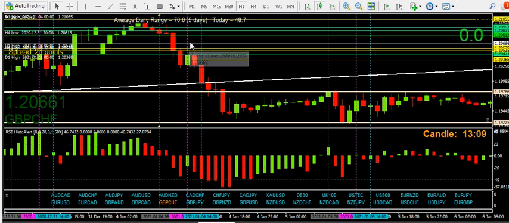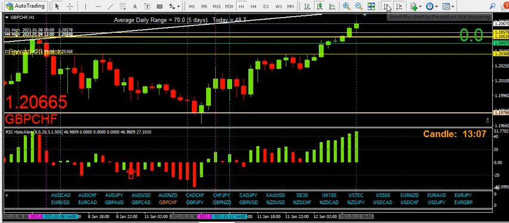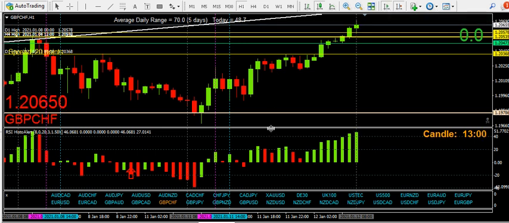But the reason I didn't take this trade is because we are now 14 minutes ahead of the Frankfurt Open, and I prefer to be in and out of trades at the early part of the 6 a.m. to 7 a.m. candle, the Frankfurt Open at 7 a.m., and just grab a few pips on those moves.